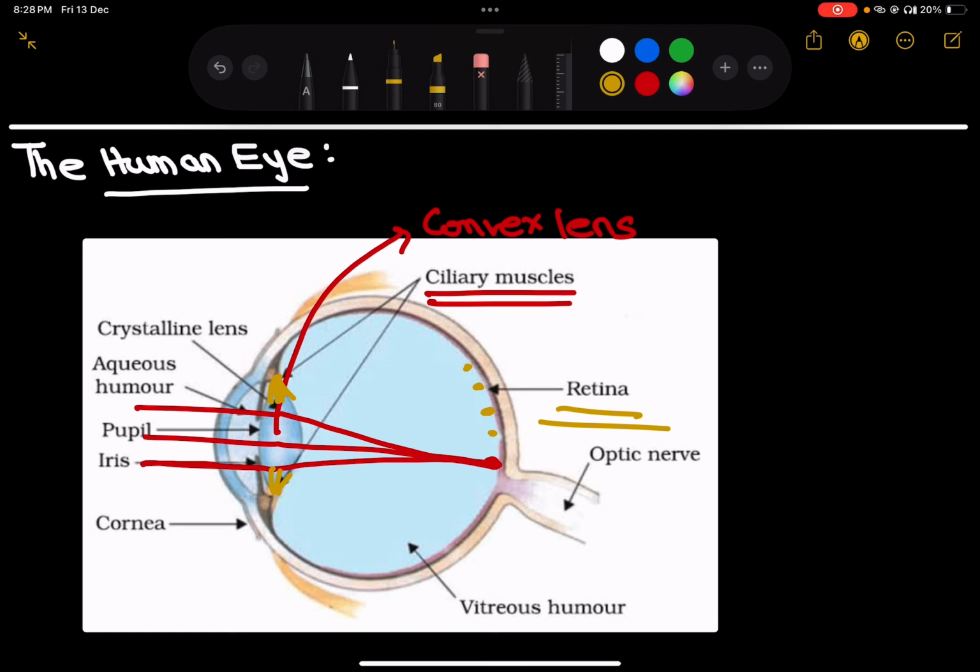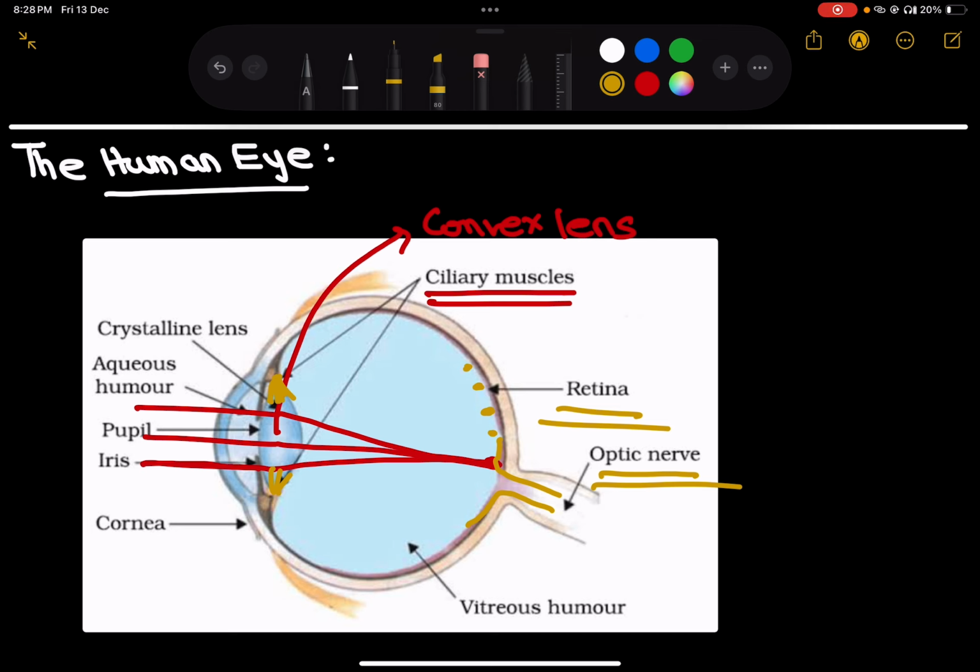After generating electrical signals, all these signals travel to the brain through the optic nerve. Now the brain interprets these signals and processes the information so that we see objects as they are.